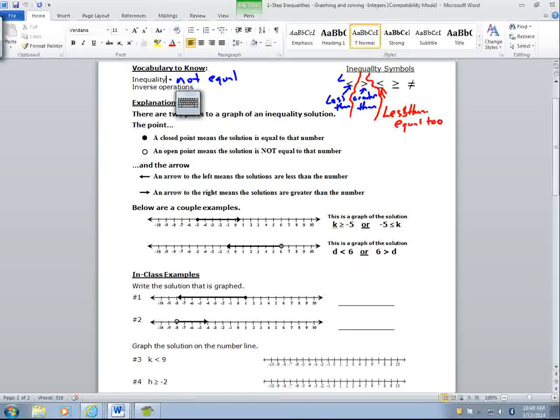Which means the other one is what? Correct. This one is greater than or equal to. And then finally, that last one is simply not equal.